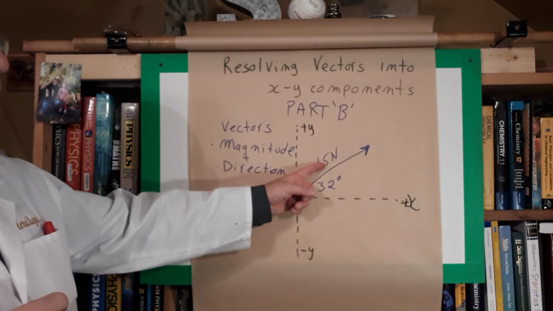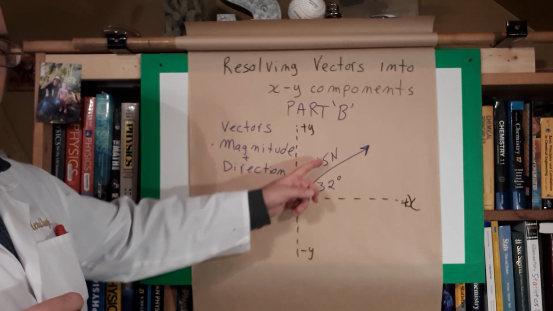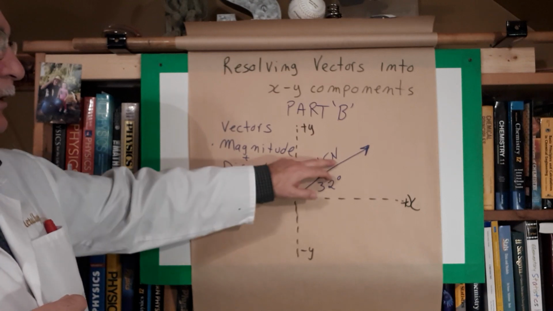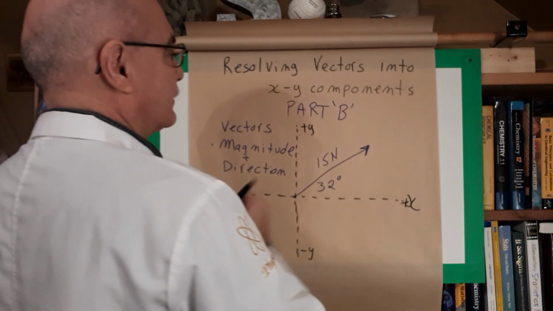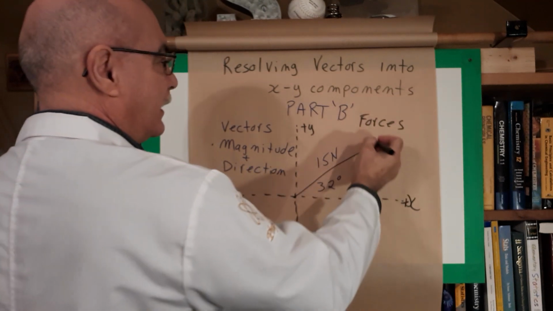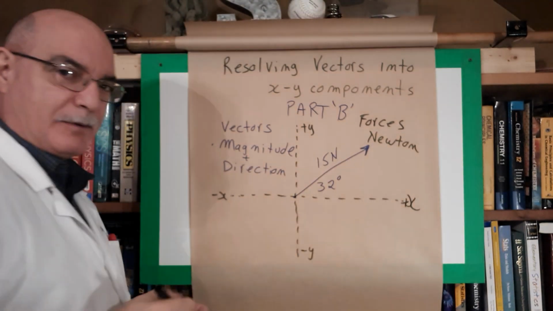Now this doesn't have to be newtons. It could also be 15 meters per second, or 15 meters per second squared for acceleration. For our purposes, I'm going to use a force. And forces in the metric system have the unit of a newton, represented by the capital letter N.